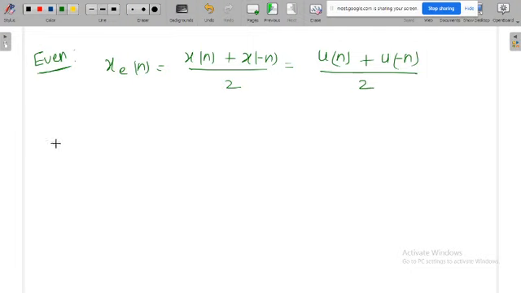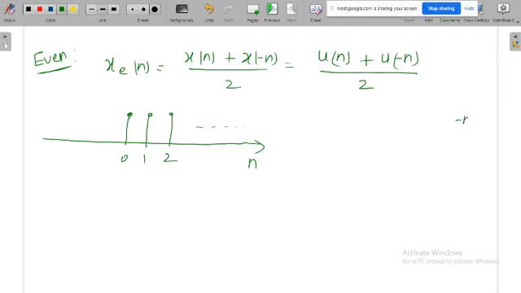What is the nature of u of n? Just now we have drawn it: it starts at 0, then 1, 2, 3, going up to infinity. What about the nature of u of minus n? U of minus n is the signal that goes towards the left side. But where will it start?